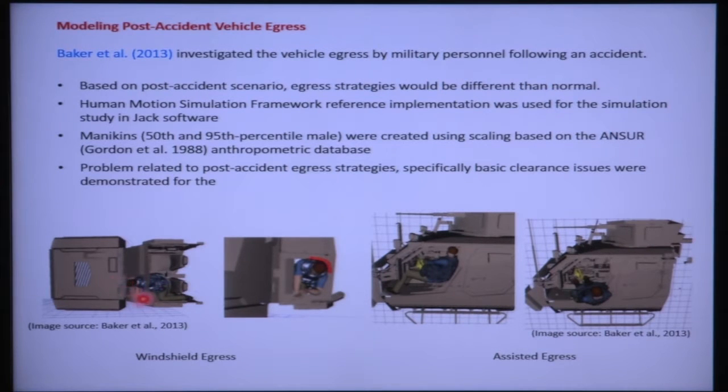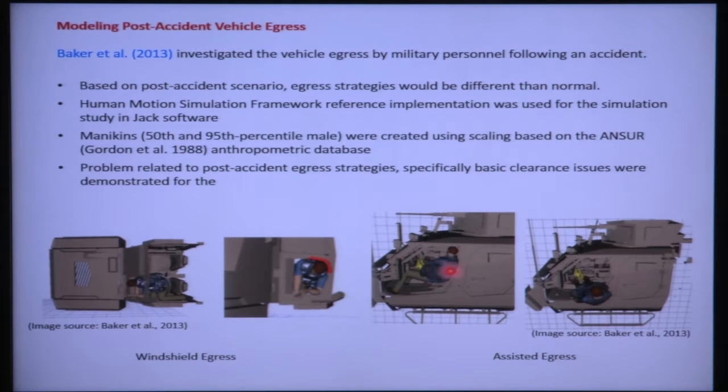This is very crucial, and this fact should be considered during army vehicle design, because following an accident that army personnel may have to come out through the windshield opening. Then it was observed that the opening was not sufficient and there is collision between the body and the vehicle parts.